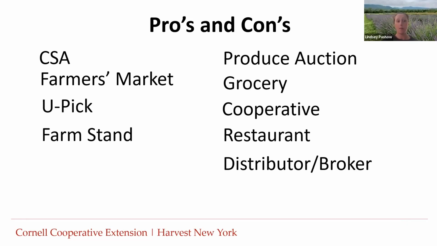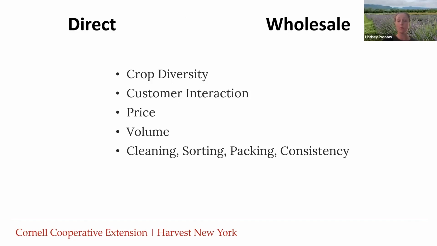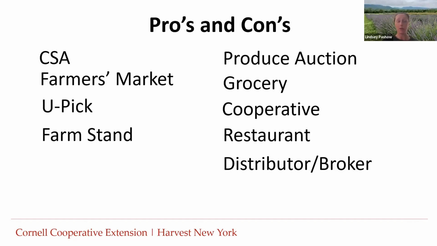With a community supported agriculture, a CSA, the pro for me as a farmer is that you receive your funds for your planting and your labor at the beginning of the season. The con could be that you might not have a good season and might not be able to sell, or you might not have bouquets at certain parts of the season. So that could be a con.